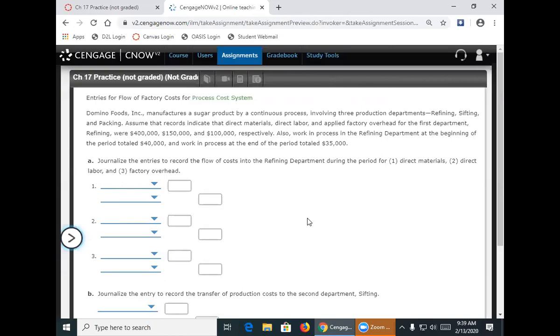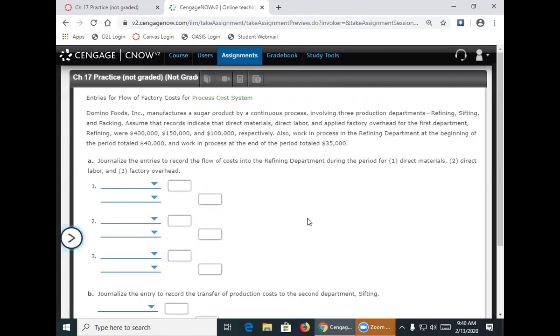So we're going to have more than one work in process account. Our first one is refining. Well, it's still just a general work in process account. And they show us we had a beginning balance of 40,000. And then during the period, we added in all of our production costs.